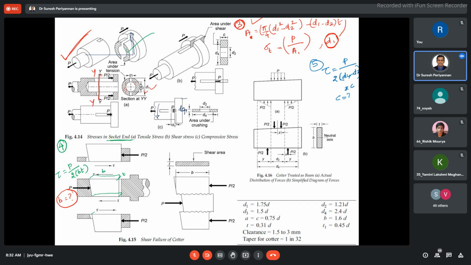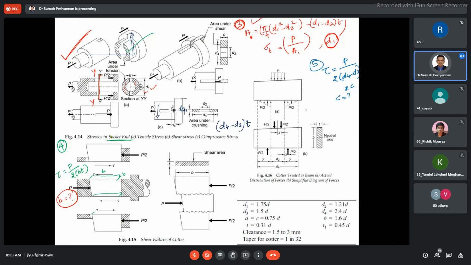Then what is the area? It is a hollow portion, so it is D4 minus D2, into the thickness T. Now, what is the crushing stress in this region? Sorry, I missed out a quarter here.